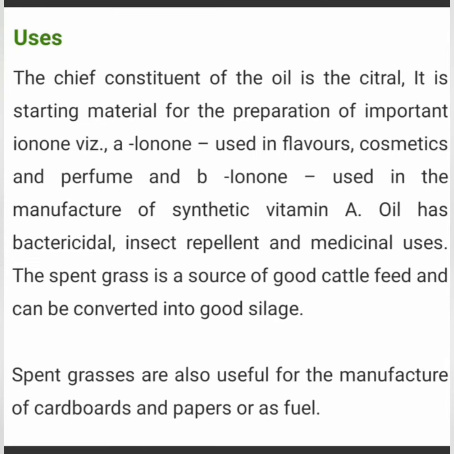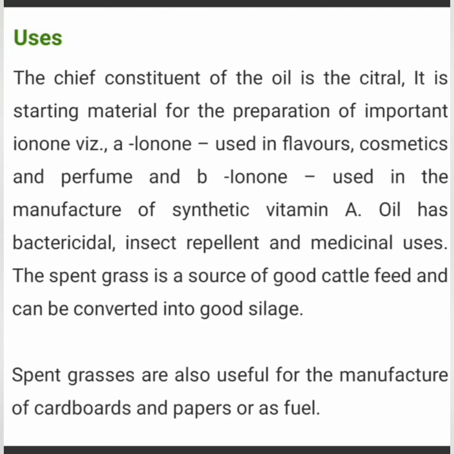And this citral is the starting material for the preparation of the important substance ionone. So ionone is prepared from the citral present in the lemongrass oil. And this ionone is one of the most important raw materials for the preparation of vitamin A.